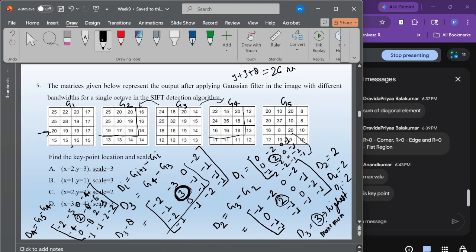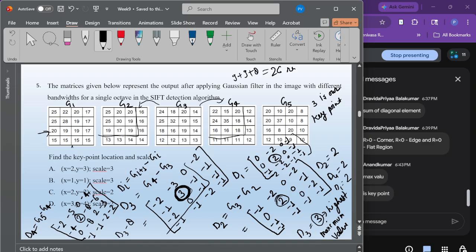You can check all the points, you will find all the other values are -1, 0, -8, -6. So the highest value is 3 only. So this is our key point, the maximum value. So 3 is our key point.